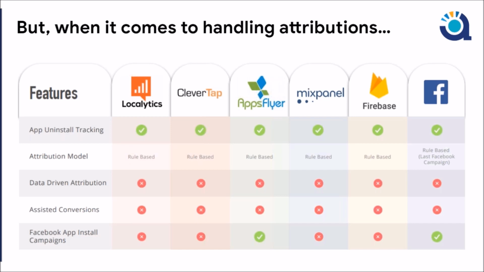So when we talk about Firebase being integrated with BigQuery and providing us the access and the benefit of raw level analytics data, this is not only related to attribution. Even if you wish to do certain advanced custom analytics, this comes in very handy, and you can do it using Firebase data in BigQuery.